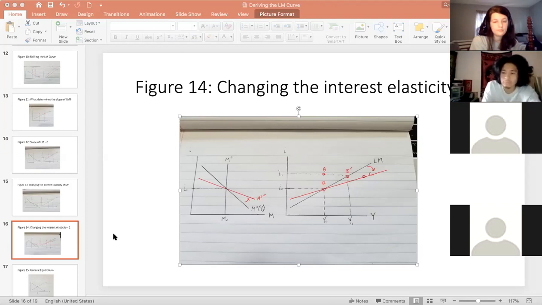Interest rates are determined in the money market with money supply and money demand and the LM curve. That's a way that in my head, mentally, I keep things straight. However, we know that in the real world, it's all simultaneously determined, right? So we have an LM curve, we have an IS curve. To figure out the equilibrium interest rate and level of GDP, we need to put them together. And that's where the next slide comes in.